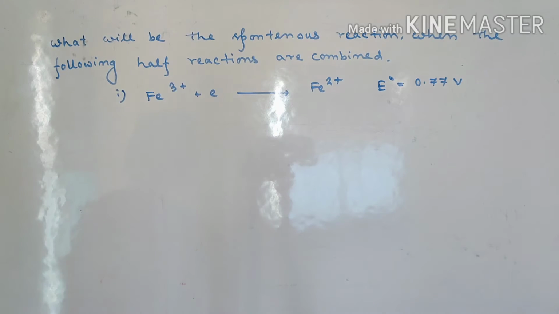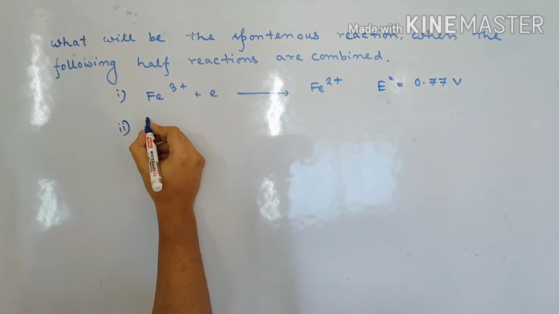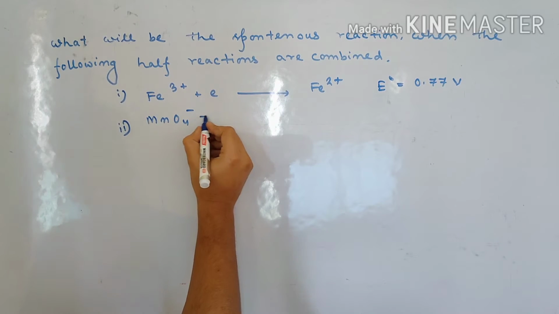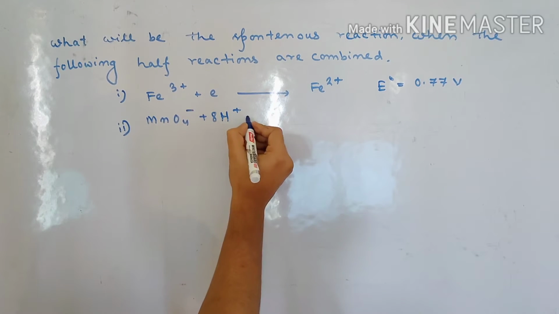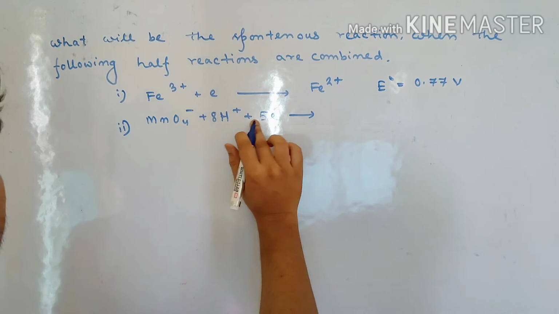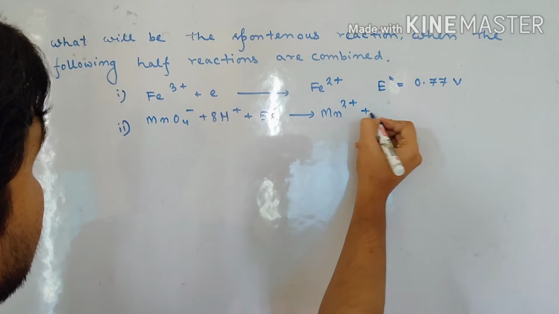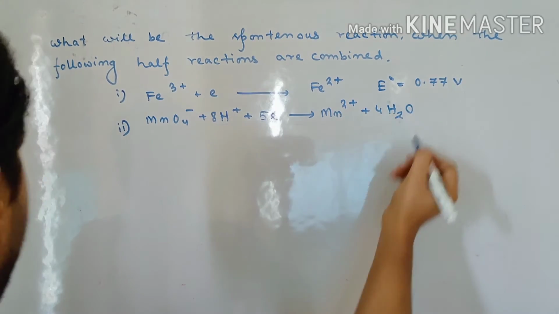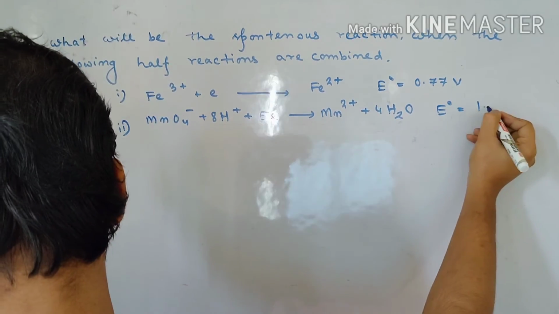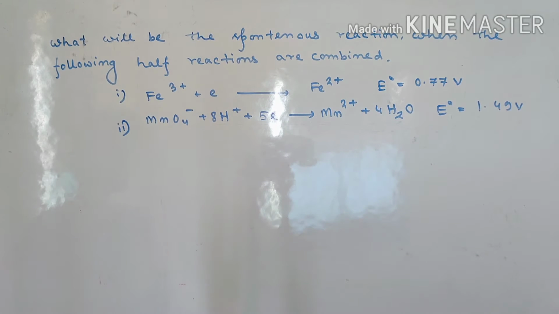And the second reaction is MnO4- plus 8H+ plus 5 electrons giving rise to Mn2+ plus 4H2O. E0 value is 1.49 volt. Question is very clear.